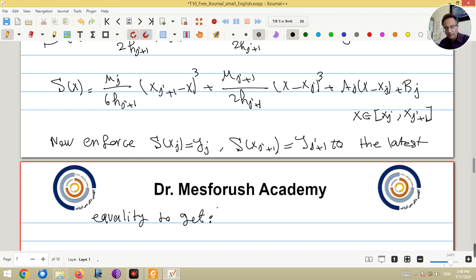What do we get? Here, s of xj: if you put xj, this term will be 0 and this one will be 0, so just this one remains, xj plus 1 minus xj, which is hj plus 1 cubed.